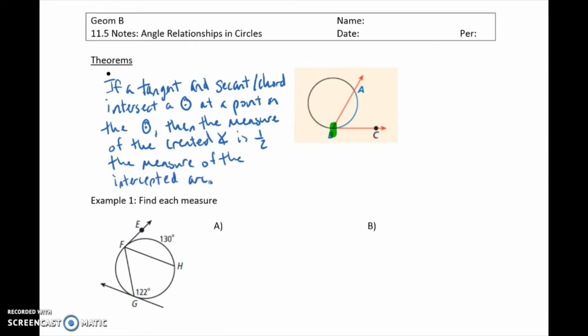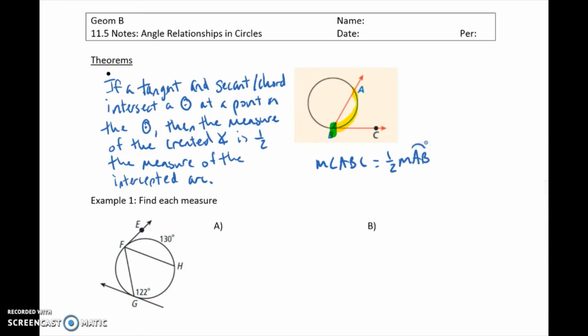So it has the exact same relationship as the inscribed angle. The measure of angle ABC is going to be 1/2 of the arc that it intercepts. And you'll see it intercepts this arc from A to B, right? That's the part that's kind of inside the mouth of that angle.